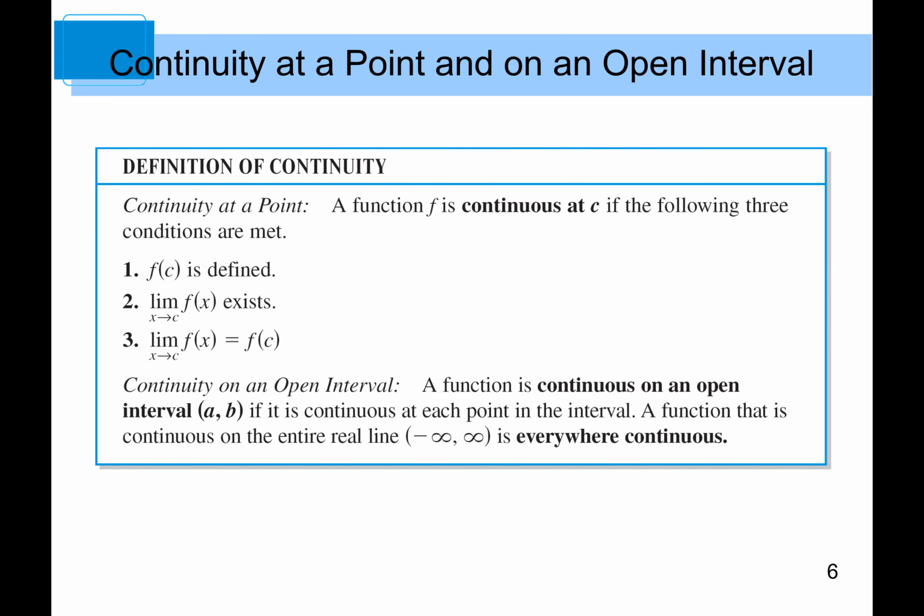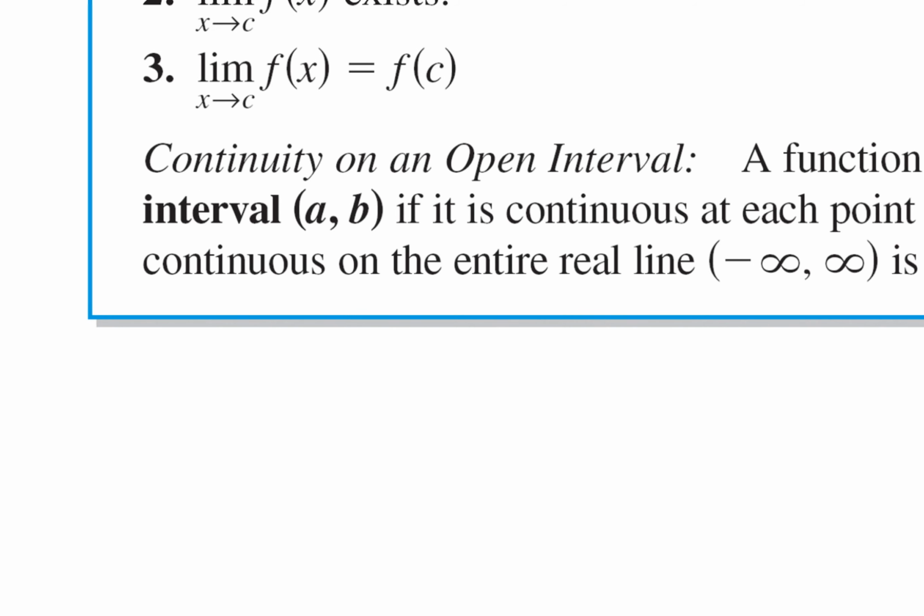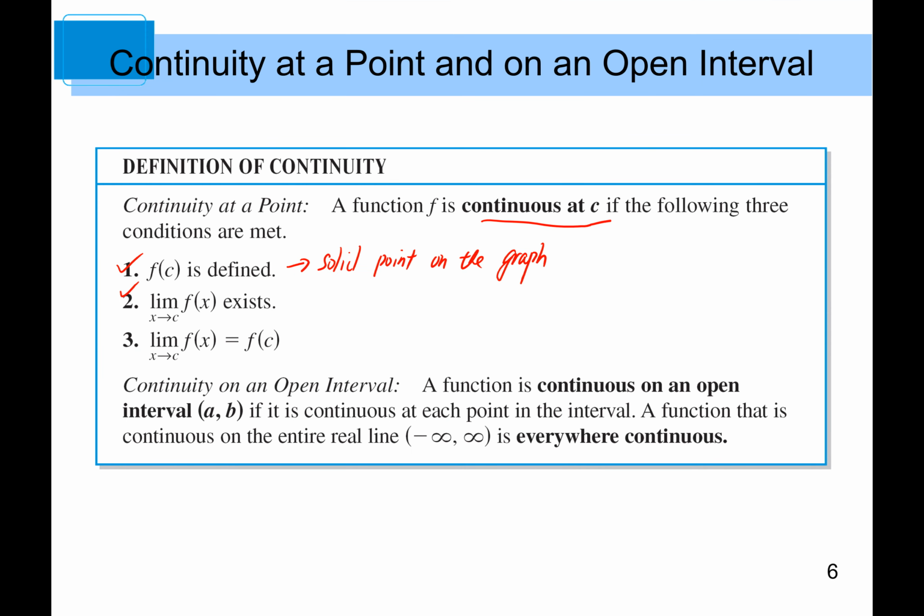Continuity at a point: a function f of x is continuous at c if the following three conditions are met. First of all, f of c is defined, meaning there's a solid point there on the graph. Second, the limit of f of x as x approaches c exists, and that will guarantee there's no jump.